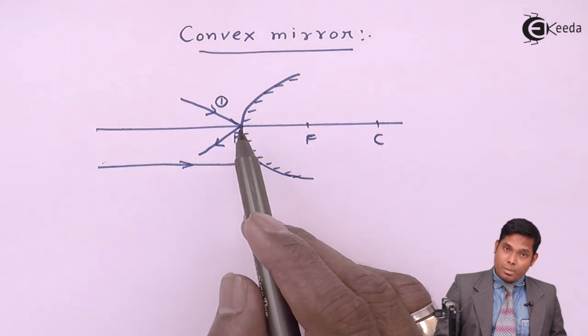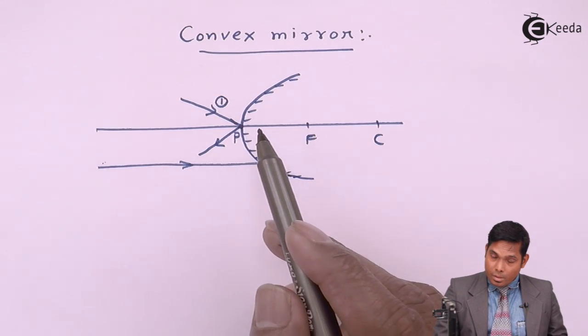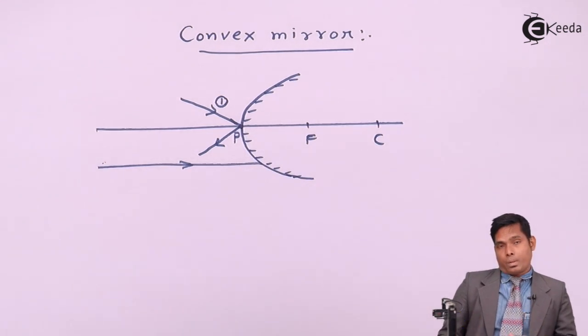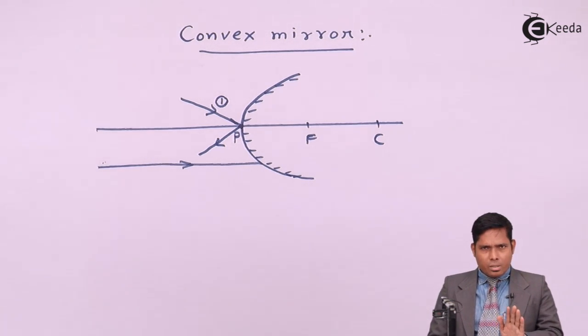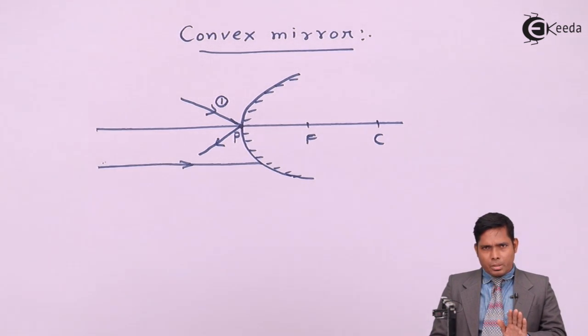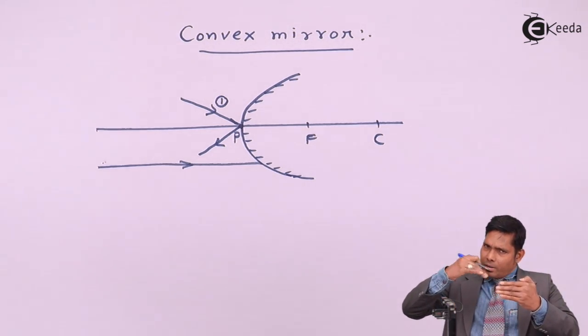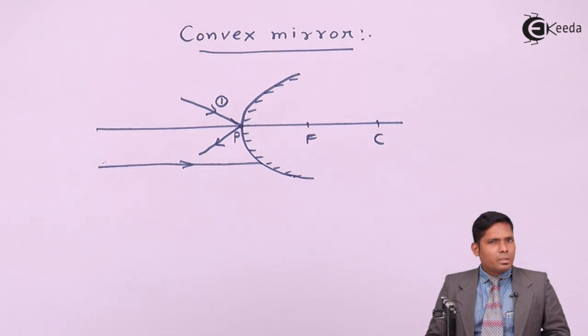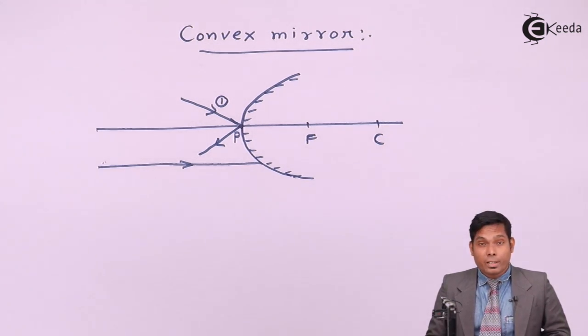In case of a concave mirror, the rays are passing through focus. Here they appear to pass through focus. That's just a difference. So that is where the virtual thing comes into the picture. The rays coming parallel, striking the convex mirror, appear to pass through focus after reflection.